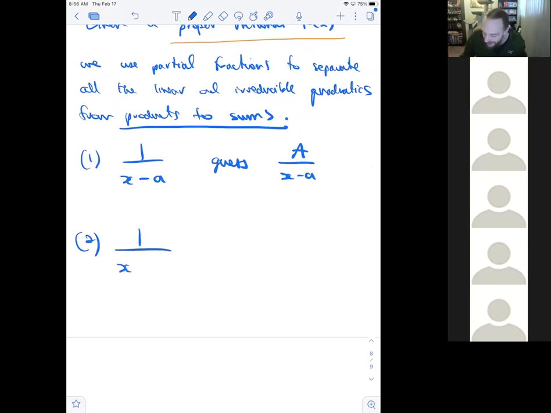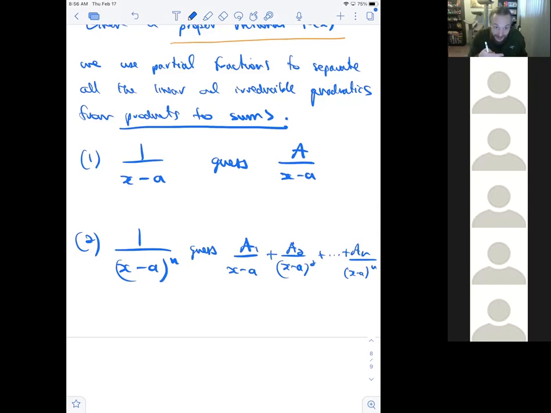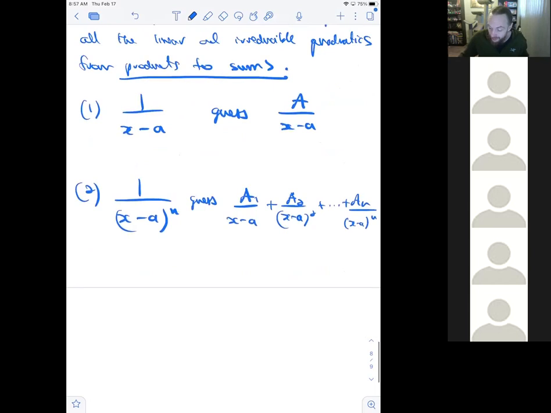If I have x minus a to some power n, first we're going to start off with power 1, x minus a, so A1, and then we're going to do an A2 over x minus a squared, all the way up to the highest power that happened for the n. So if we had a cubed, I would do A1 over x minus a to the power 1, plus A2 over x minus a squared, plus A3 over x minus a cubed. I would stop at the last one. So this is the guess that we make for each power. These are the linear ones.